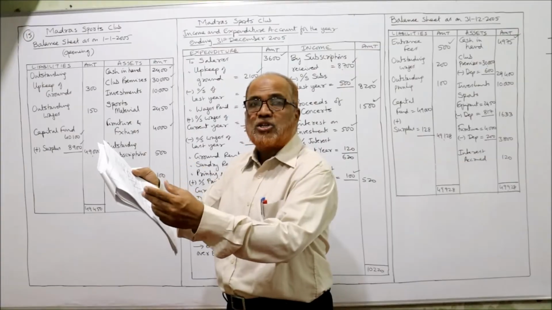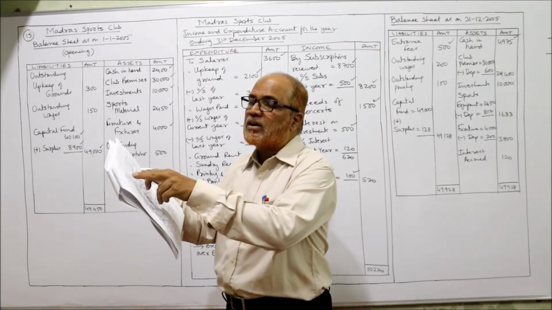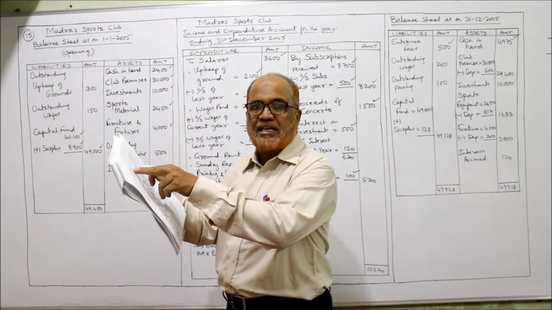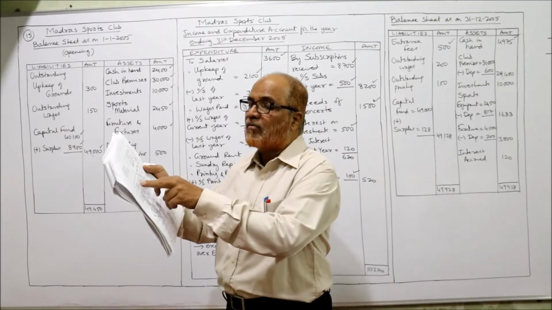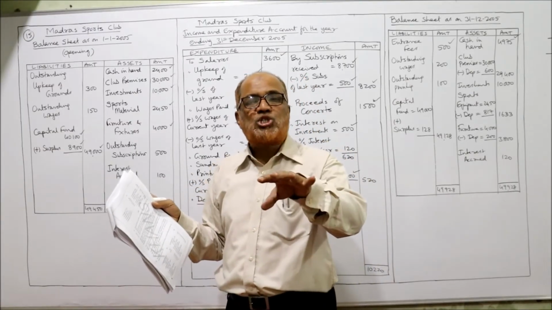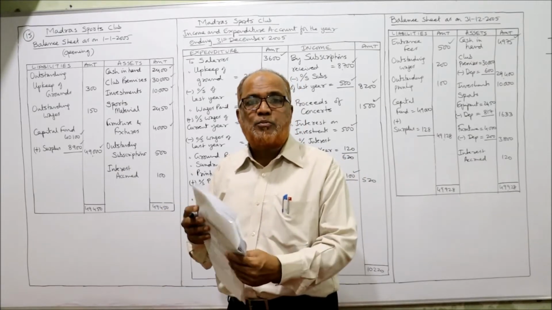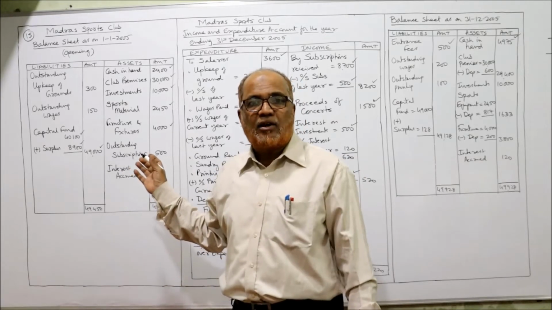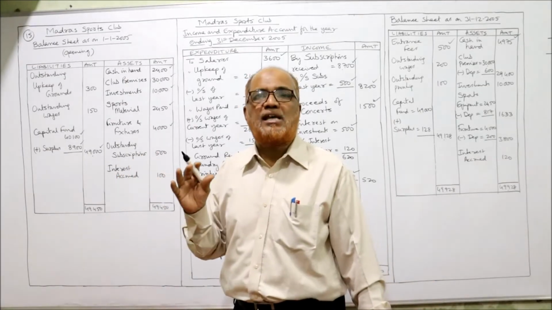The other information, you see the A point. A point is this item includes, what is that? A is the subscription. So subscription includes outstanding brought forward from previous year 500. That means subscriptions are outstanding last year. The outstanding subscription is an asset. Already every problem we are doing, outstanding subscription is an asset.